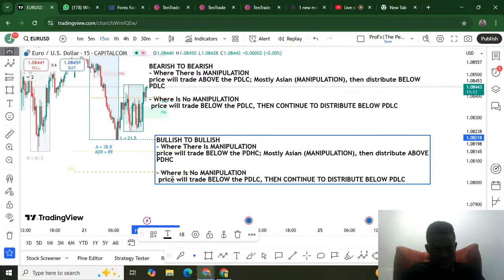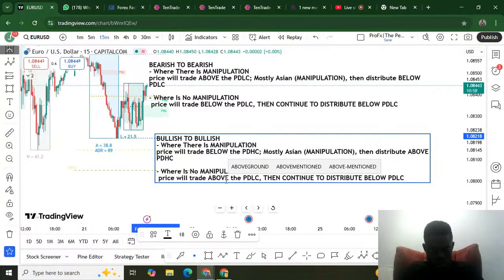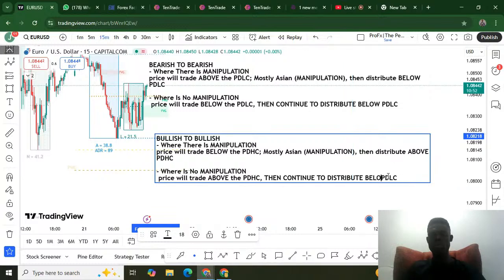Where there's no manipulation, price will trade above the previous day high and close, then continue to distribute above.